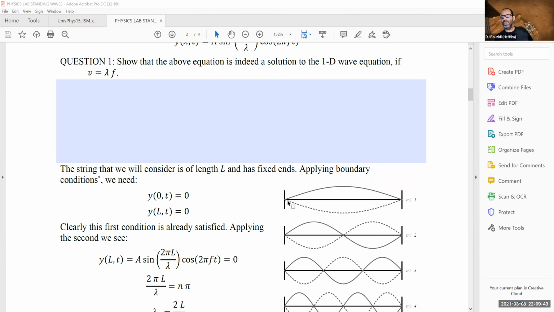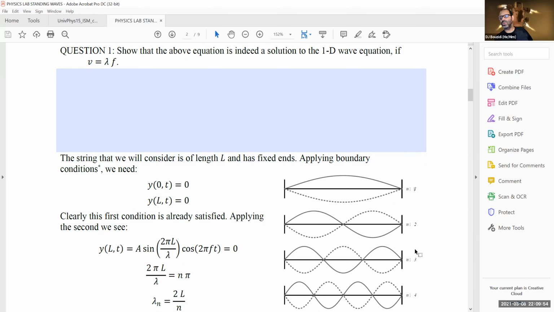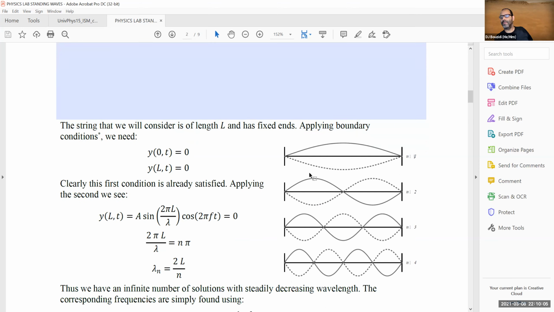And then question 2 now, this string is fixed from both ends. Okay, if it is fixed from both ends, this thing in here I forgot to fix is just n equals 1, n equals 2, n equals 3. These are the different standing modes because it's fixed from both ends. One way is if the wavelength is twice as much as this length. And this is condition number 1.